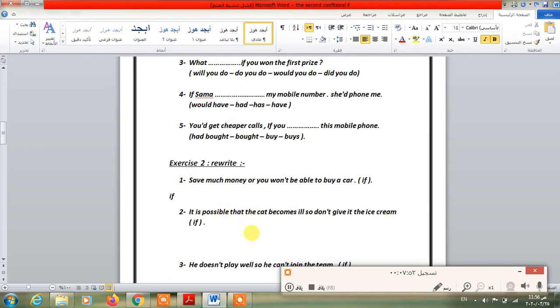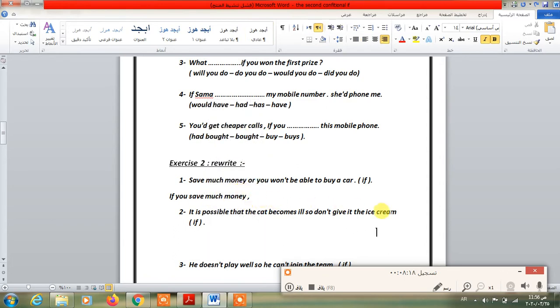I will use if. If you save much money, it's important to put a comma to separate the two sentences, this small comma.